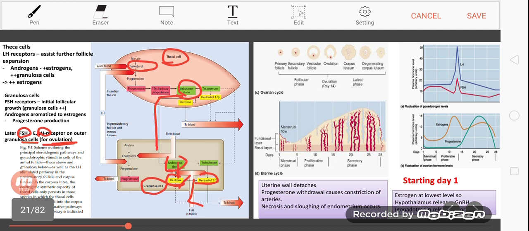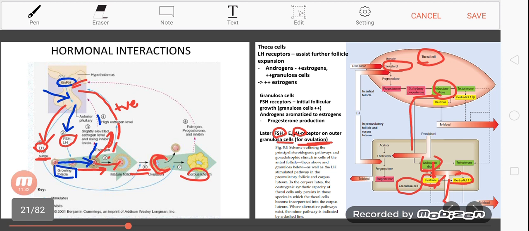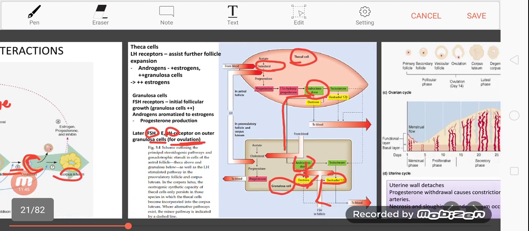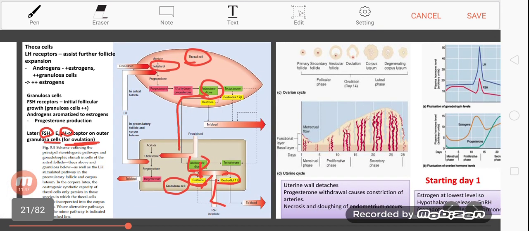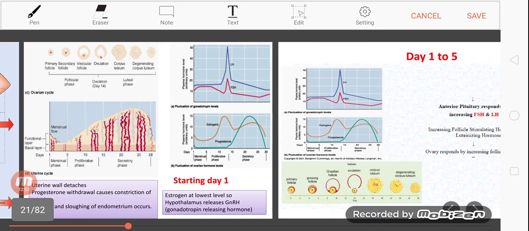At the same time, remember theca cells are present at the secondary follicle phase. Those theca cells bind LH and assist in the production of estrogens. So that is hormonal regulation in the ovarian or menstrual cycle. Now we will look into the menstrual cycle.